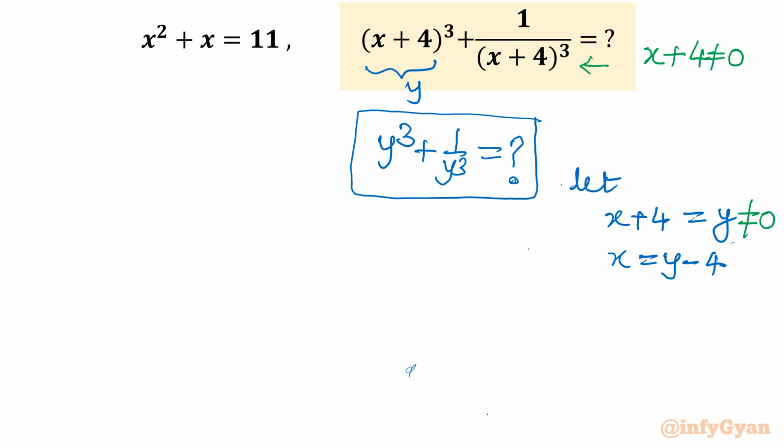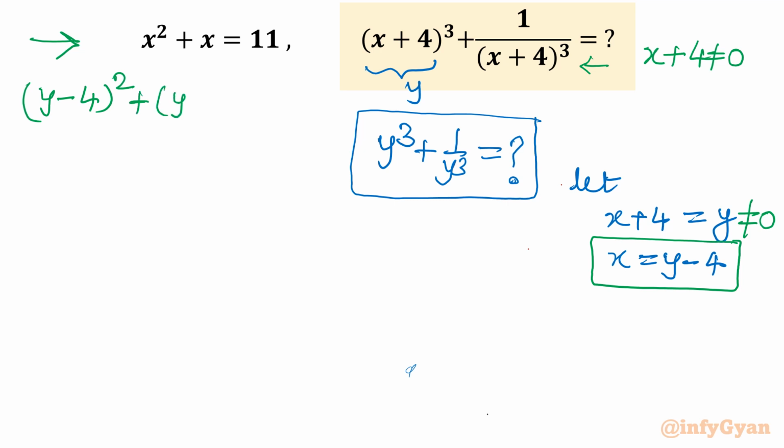Now let's put the value x is equal to y minus 4 here in this quadratic equation. So I will write (y minus 4) whole square plus y minus 4 equal to 11.